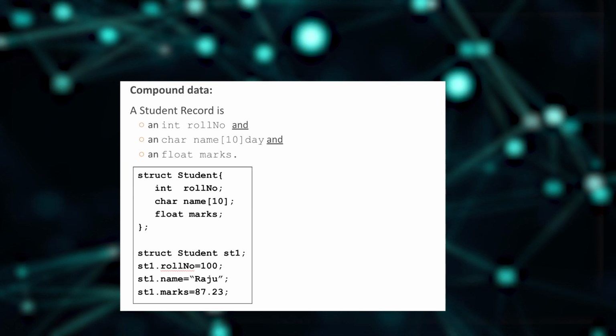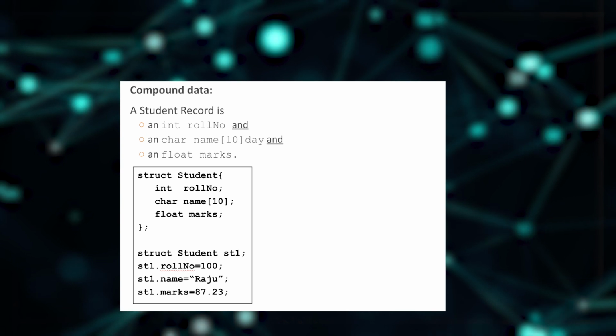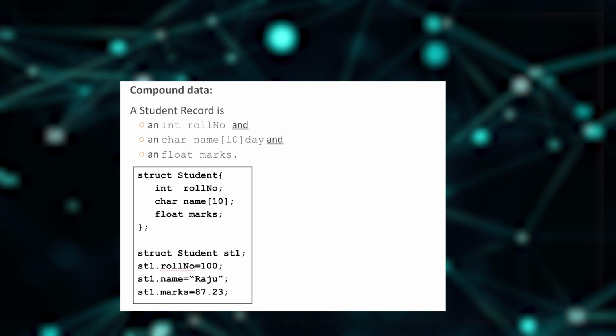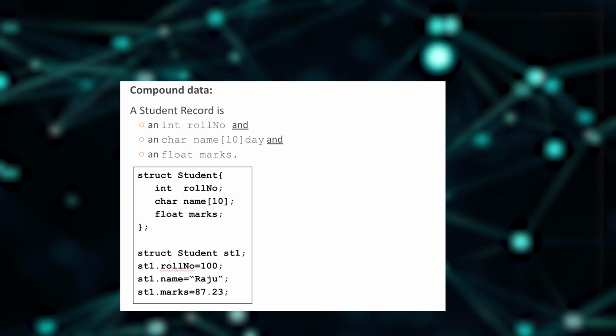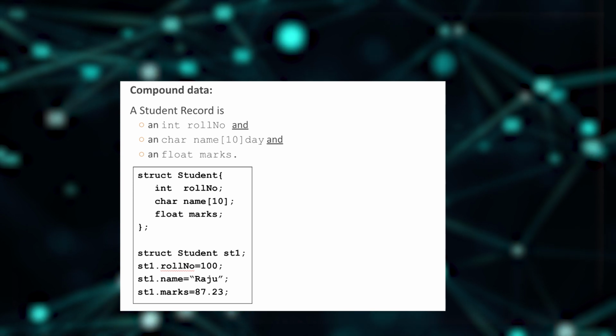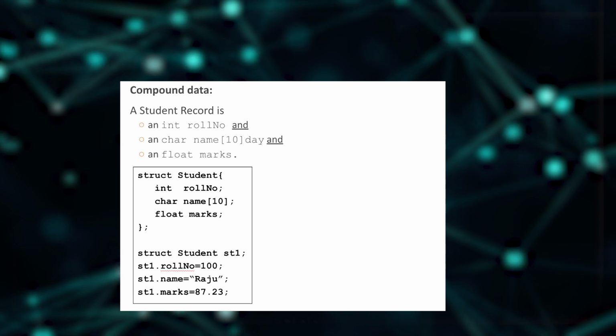To access these members, we have a new structure type variable, that is st1. Here st1 is of type struct student. To access the members, we have to use the dot operator, like st1.rollnumber, st1.name and st1.marks. So, the dot operator is used to access the members of this structure.